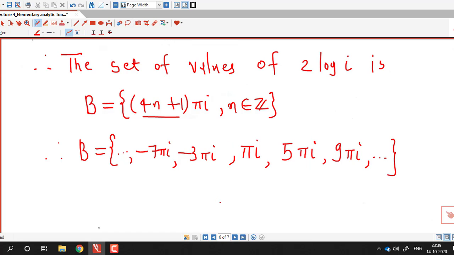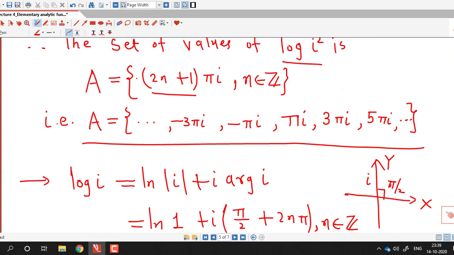Now if we concentrate on the two sets A and B, the set A is minus 3 pi I, minus pi I, pi I, 3 pi I, and so on.